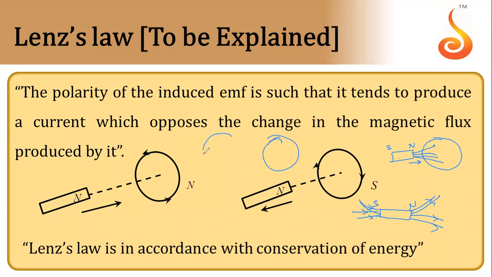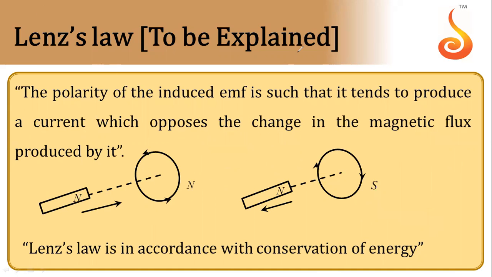Let's say the coil is placed like here, and your magnet was like this. Here the number of magnetic field lines is increasing. So if the current flows in the anti-clockwise direction, due to this current there will be a magnetic field in the opposite direction. This magnetic field is trying to cancel out the increase in magnetic field. So in this case, the current flowing will be anti-clockwise.